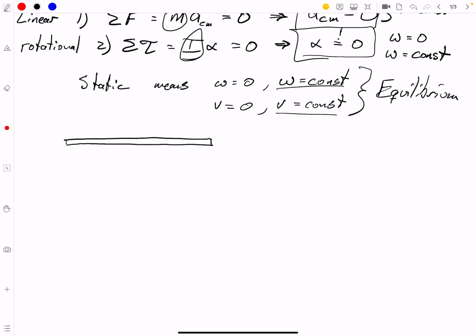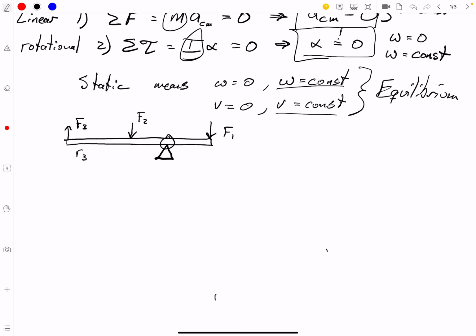We'll put a fulcrum on it and apply some random forces. So here we go. This one is at a radius 3 from the pivot point.